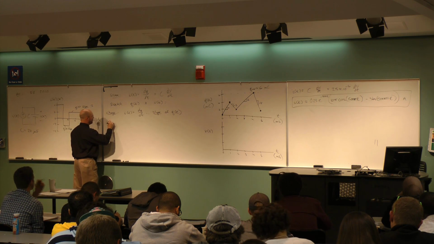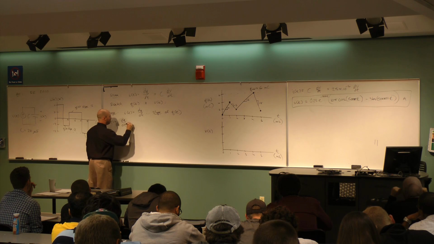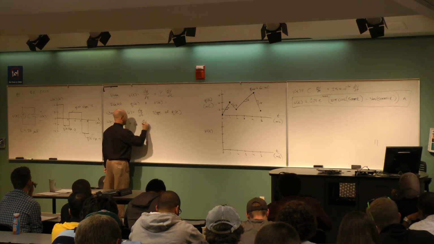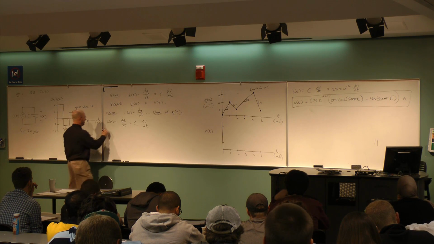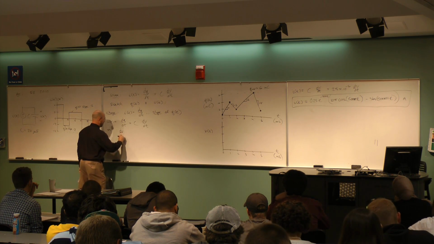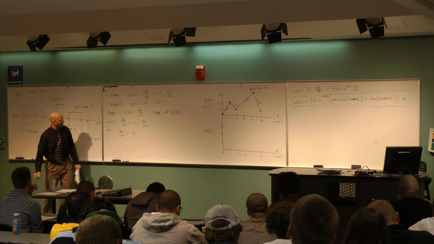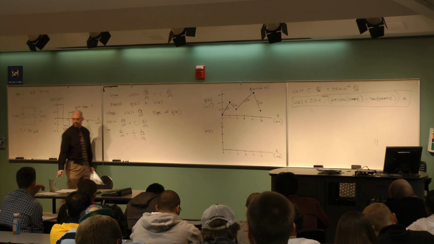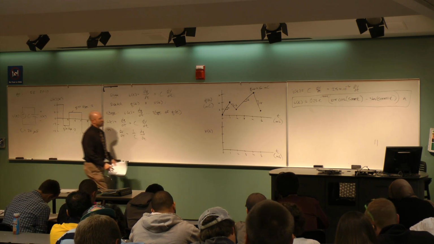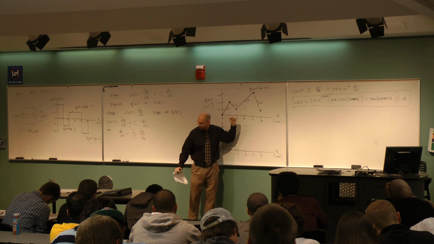If I of t is equal to dq dt, which is equal to C dV dt, then if I want the dV dt, doesn't this mean that dV dt would be 1 over the C times the dq dt? So if this is Q of t, the dq dt is the slopes of each one of these.